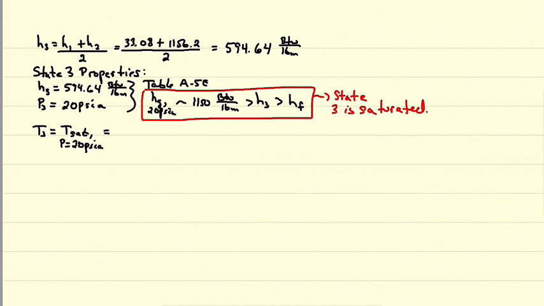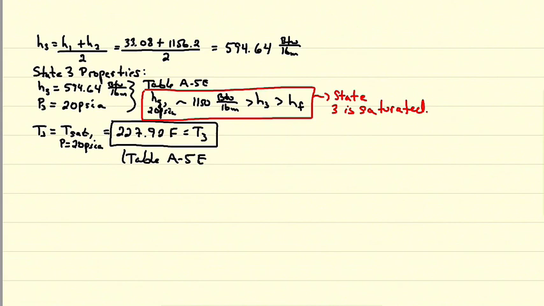And so when we go to table A5e, we find that that saturation temperature is 227.92 degrees Fahrenheit. So that's equal to T3. That's one of our final answers, and I get that value from table A5e. And now the last item that we wanted to find is what the quality is.